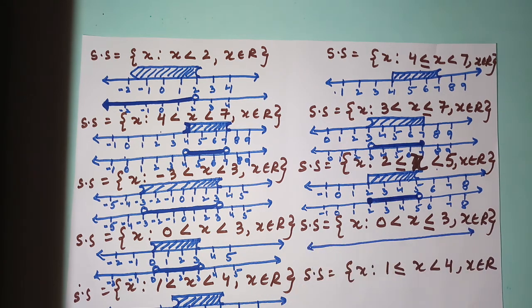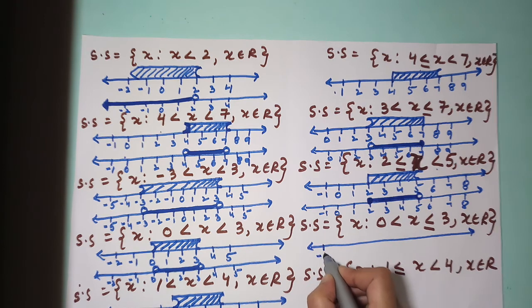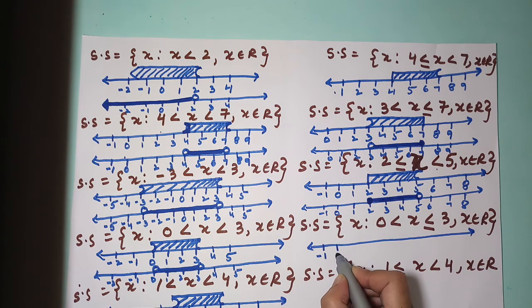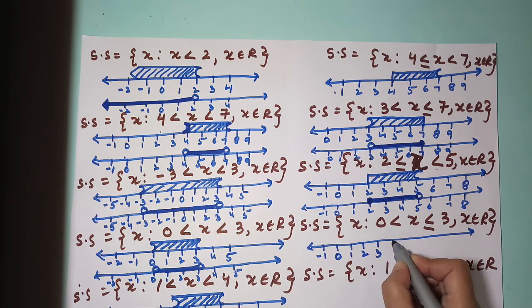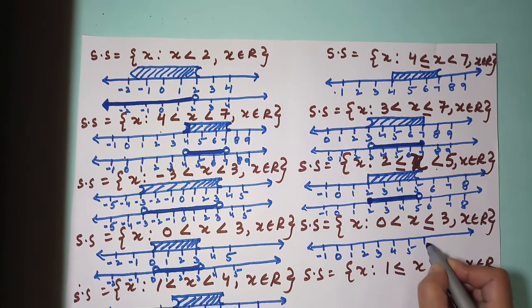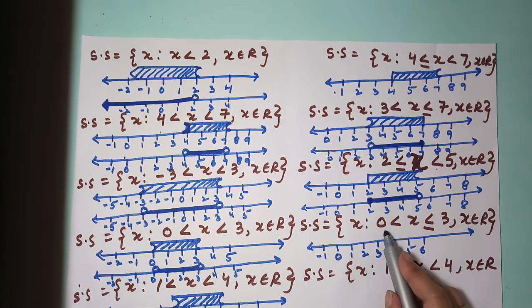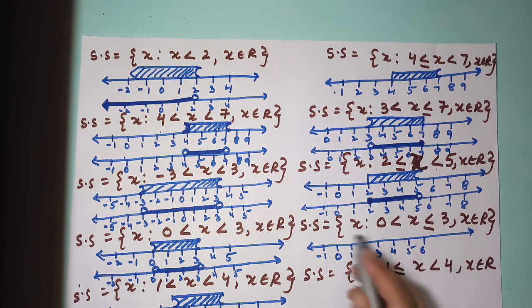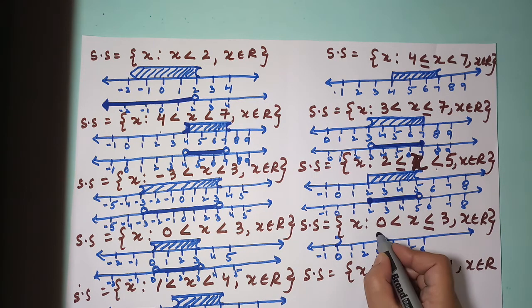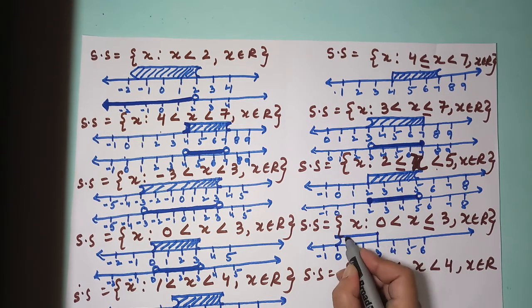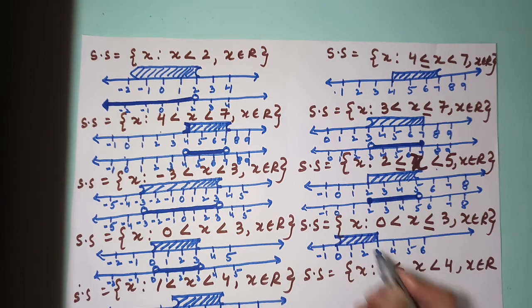So this is -1, this is 0, this is 1, 2, 3, 4, 5, 6. Go to 0, no equality sign here, so place an arc like this. Go to 3, equality sign is there, place a straight line, join these and shade this.